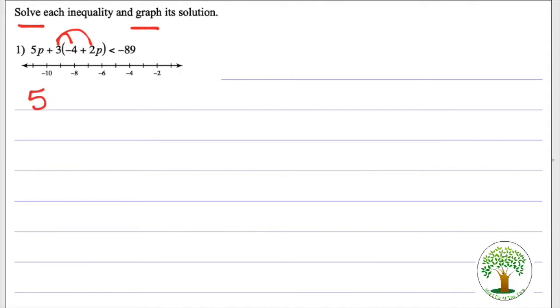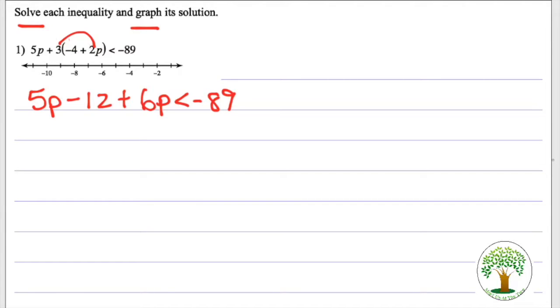So we're going to have 5p minus 12 plus, we're going to do that one next, the 6p. Keep the inequality how it is, and -89.